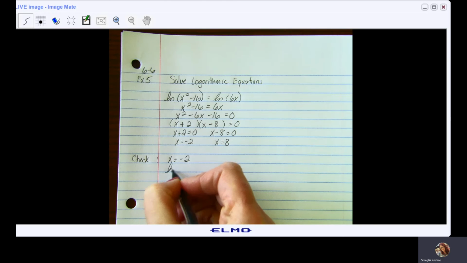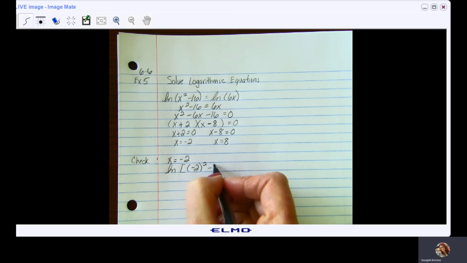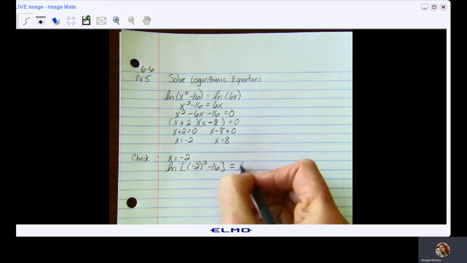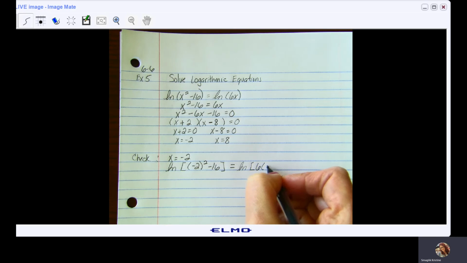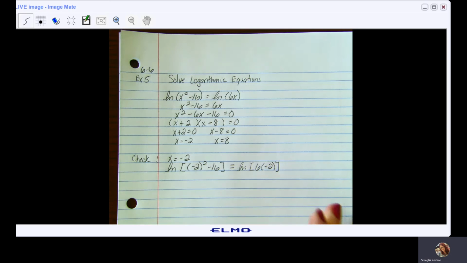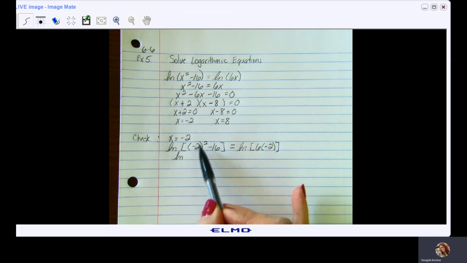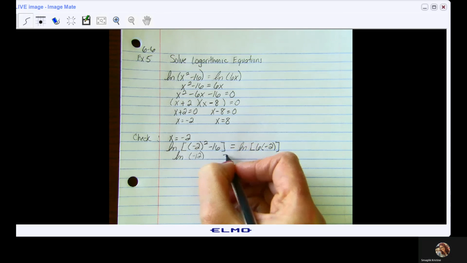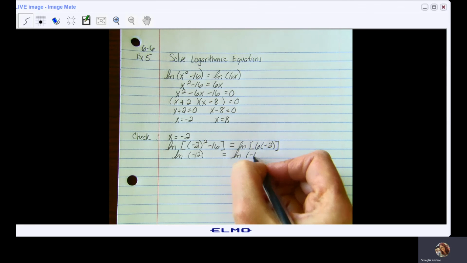So that means I would have the natural log of negative 2 squared minus 16 equals the natural log of 6 times negative 2. And now let's simplify. Negative 2 squared is 4. 4 minus 16 is negative 12. And now over here, 6 times negative 2 is negative 12.